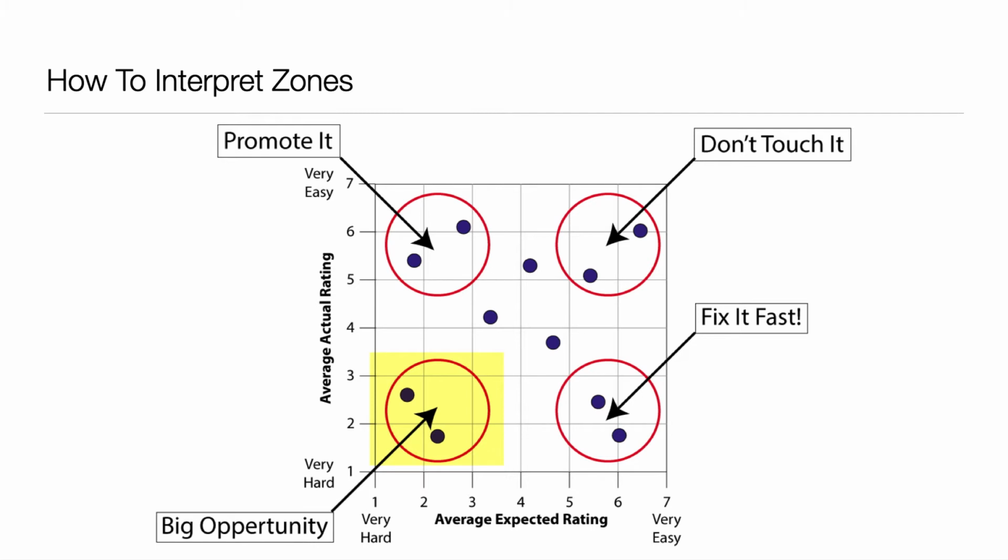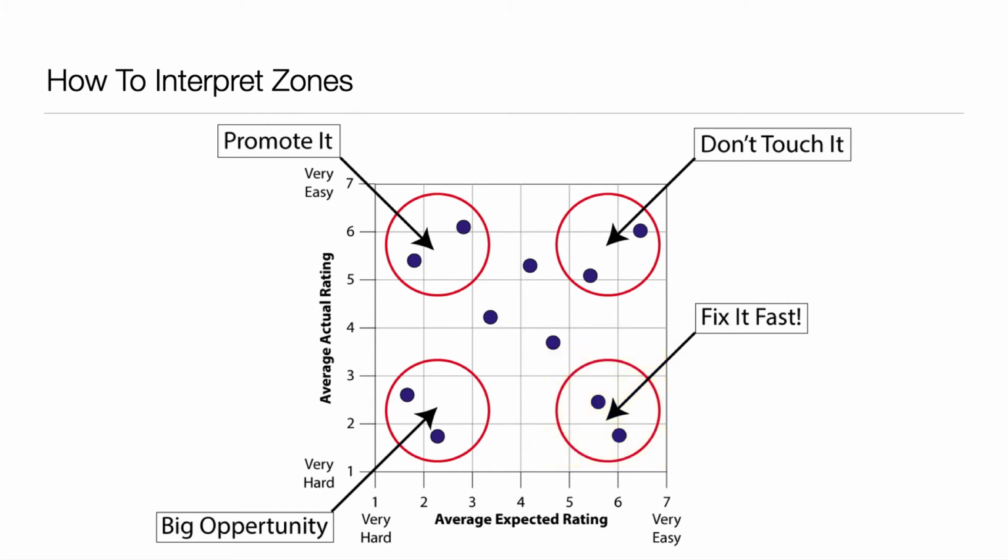It's not a bad thing, but if we can make this easier, then we're going to be excelling and it will be something that we will be promoting in the future. If your users thought it was going to be very easy and it was very easy, leave it. Whatever's going on there is working really well. And then finally is the worst area, where people think it's going to be very easy and it turns out to be seriously hard. That is something that you must fix right away.